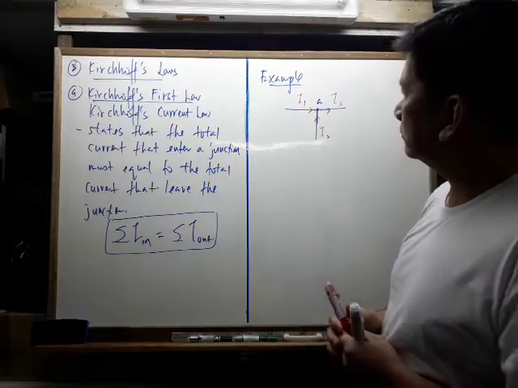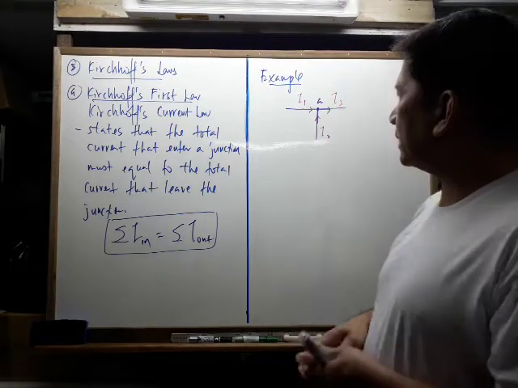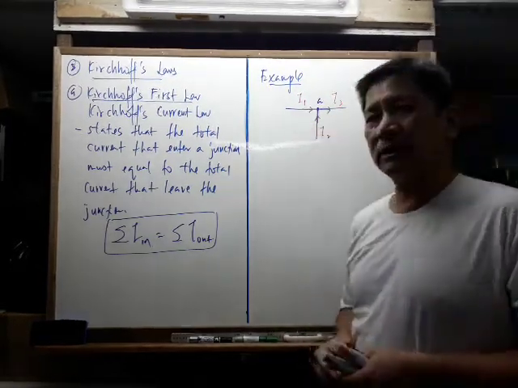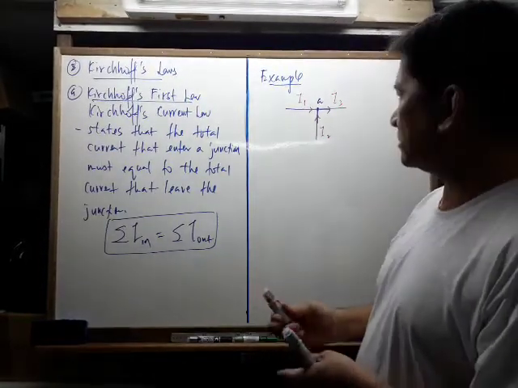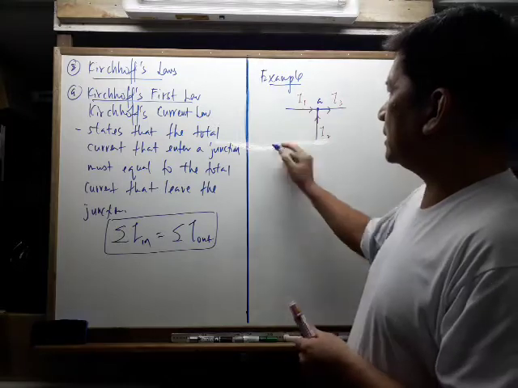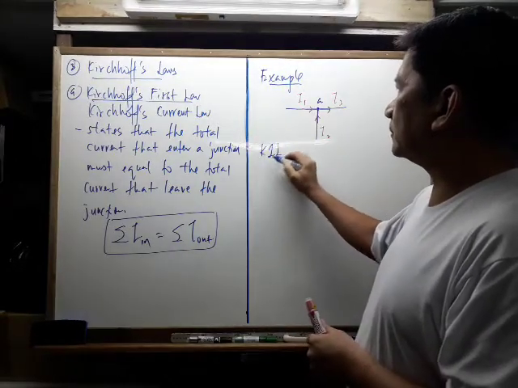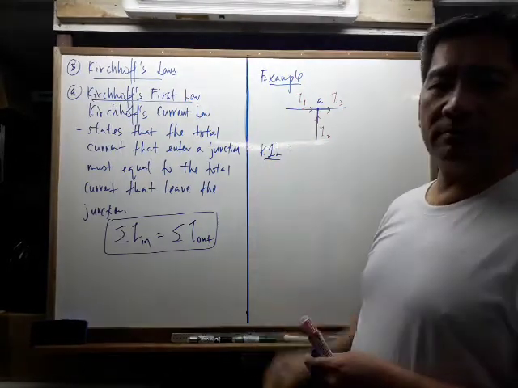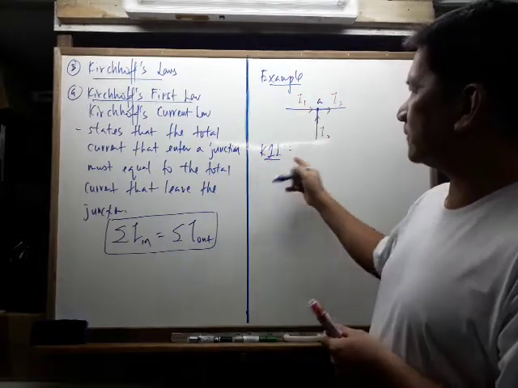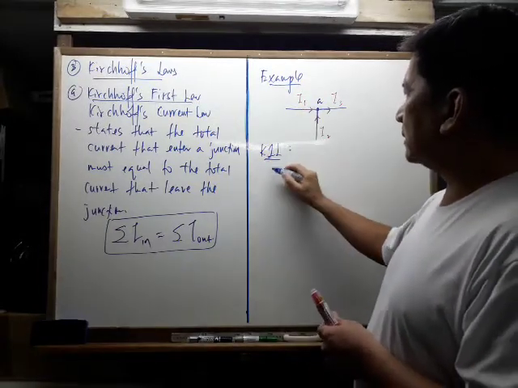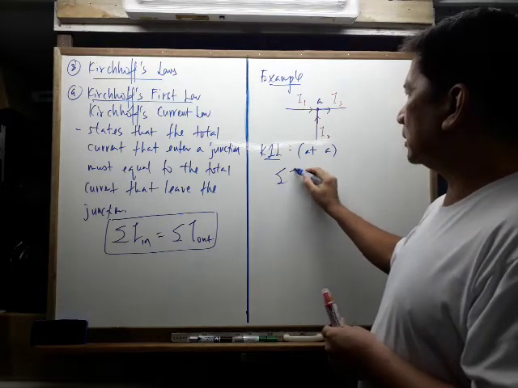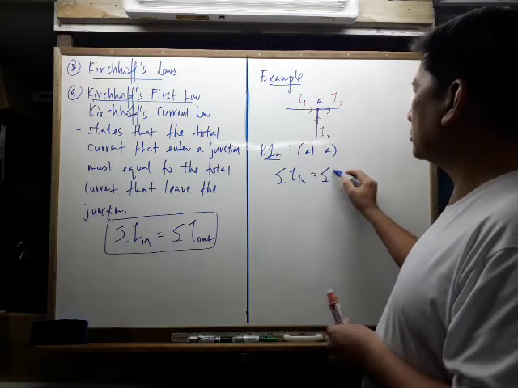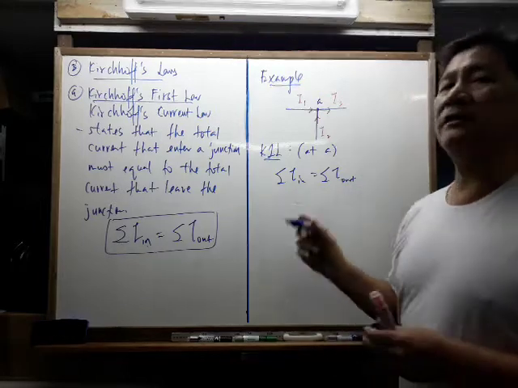So common sense tells us that if you sum up these two, it must equal the third one. But some genius actually summed it up under Kirchhoff first law. In an exam you cannot use this symbol to write the full thing. So Kirchhoff first law says that at junction A, the total current entering must equal the total current leaving the junction.